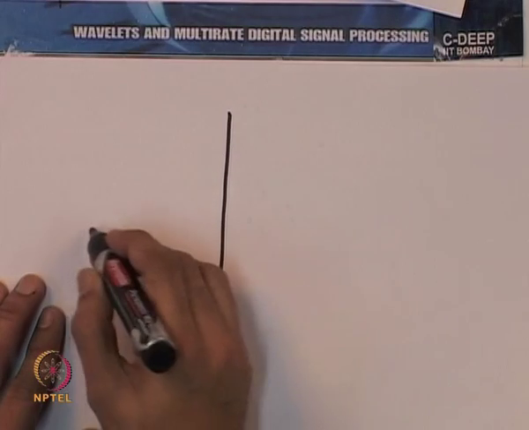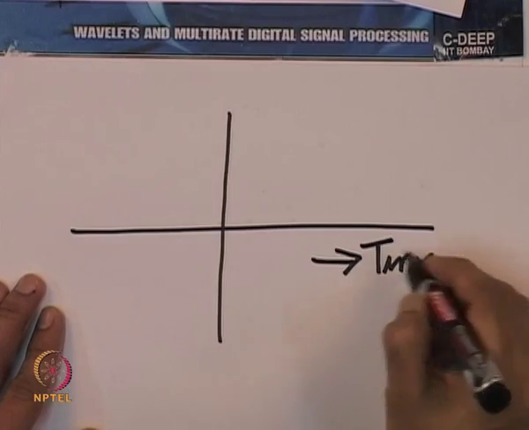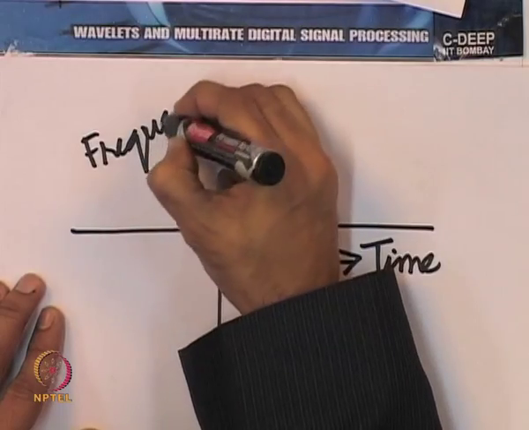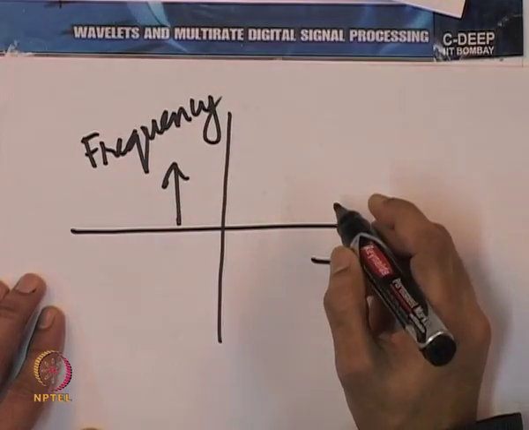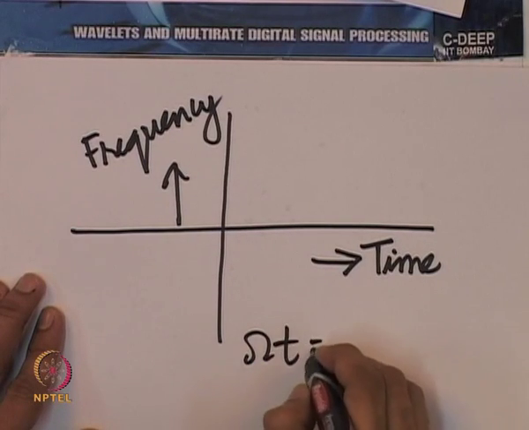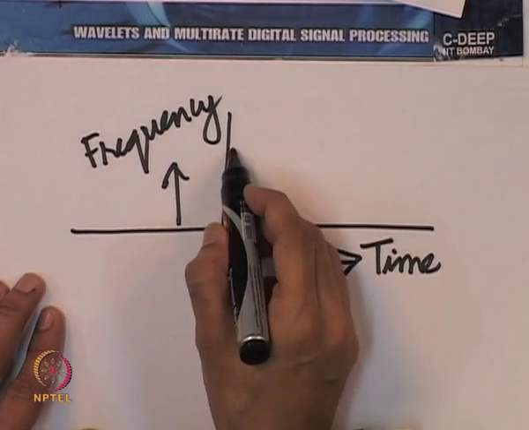So, what we are saying is, in the time frequency plane, suppose omega t is a constant function of time, then we are talking about a frequency independent of time.